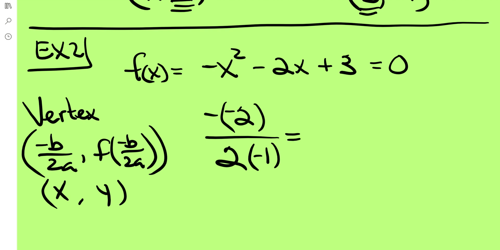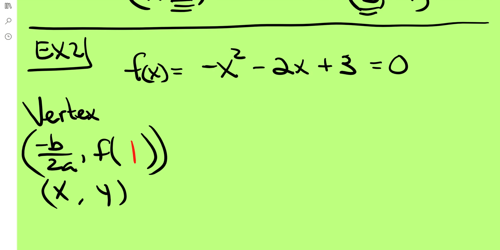When I do the arithmetic, that's 2 over negative 2, which equals negative 1. So negative b over 2a is negative 1. Now f of negative b over 2a turns into f of negative 1, and I'm going to plug negative 1 into the original equation.